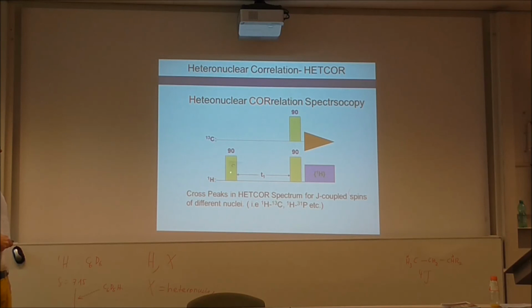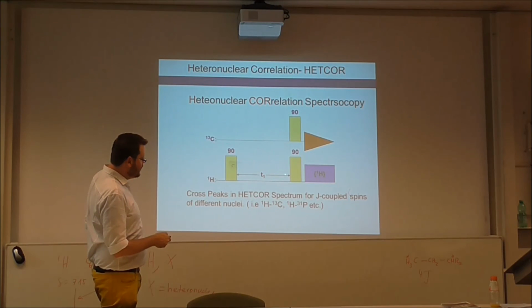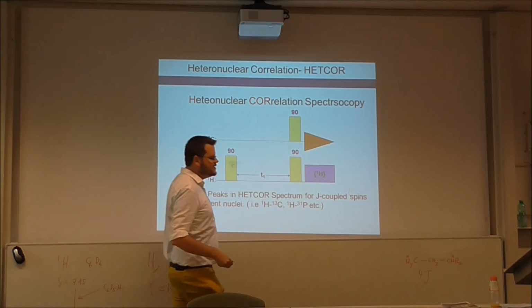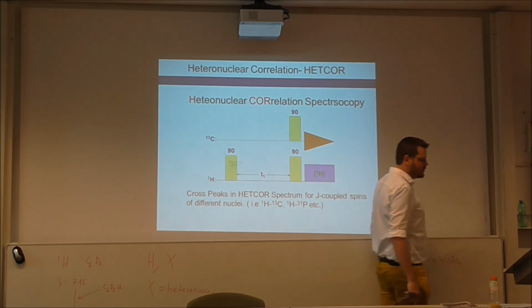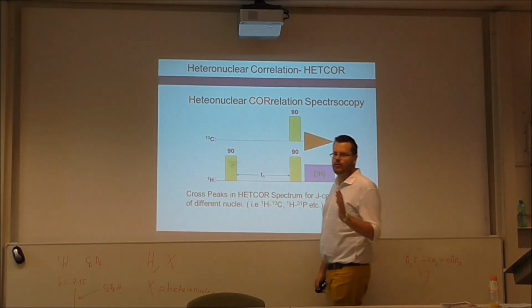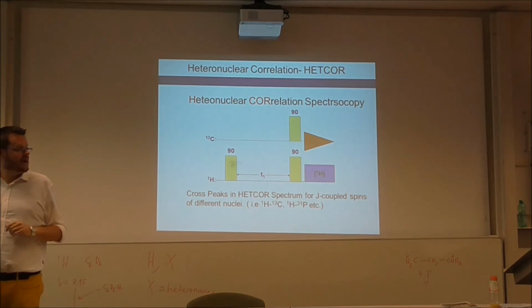In this case 13C-H, you have a 90-degree pulse in the 1H channel. You have a delay, and then you apply another 90-degree pulse. At the same time, in the 13C channel, you apply a 90-degree pulse, and then you allow the free induction decay to take place, and you do a Fourier transform over both channels, and you end up with a 2D spectrum.